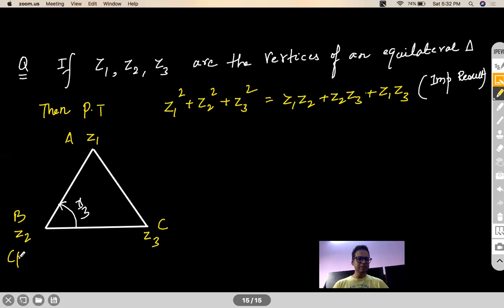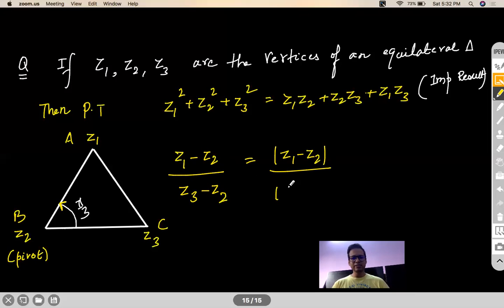Treating this as my pivot point, the formula will be: first, the two complex numbers on the head of the arrow, keeping the pivot as the second, so Z1 minus Z2. Pivot will always be the second. By the two complex numbers on the tail, Z3 minus Z2, mod of these two quantities. And since Gayatri has chosen an anti-clockwise direction, I will write e to the power i pi by 3.